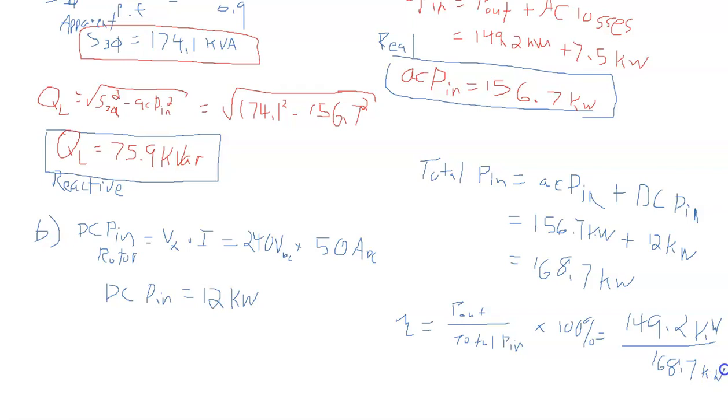And if you forget your DC power in, usually the efficiency is off by a couple % or something like that. And so we got this one done. We came up with 88.4% if we rounded to 3 significant digits.